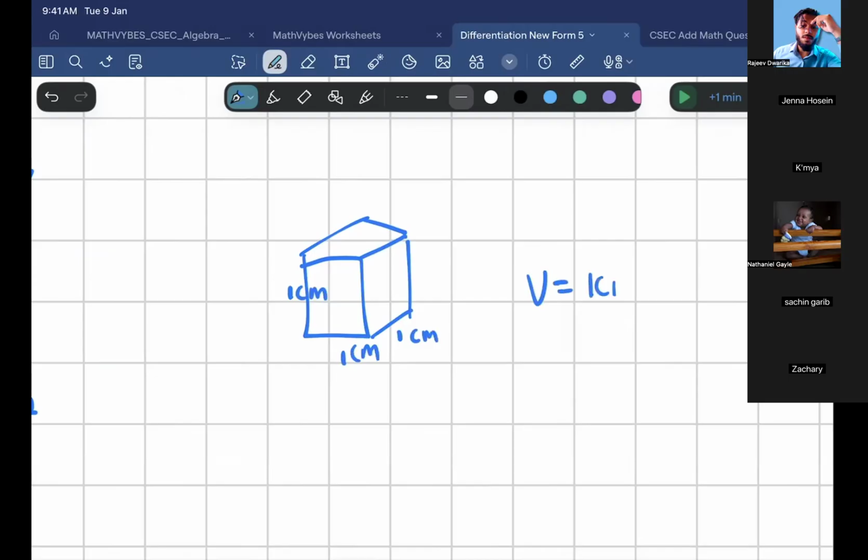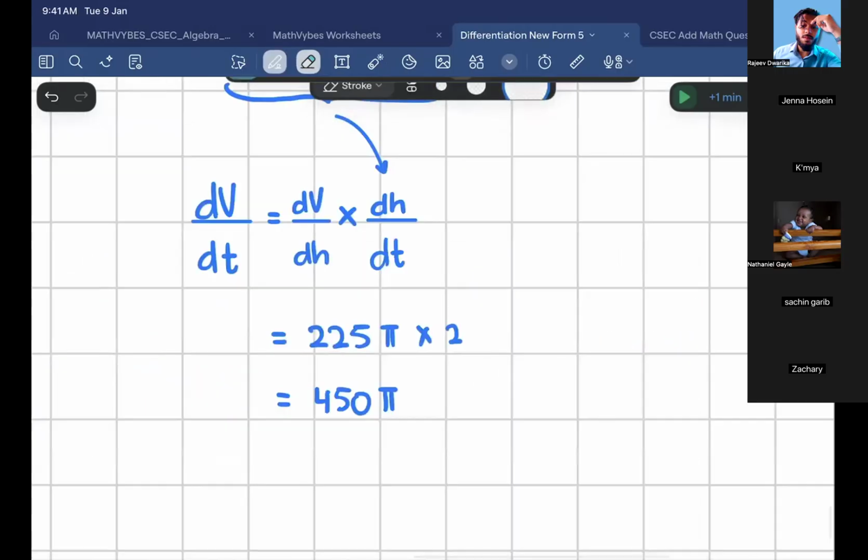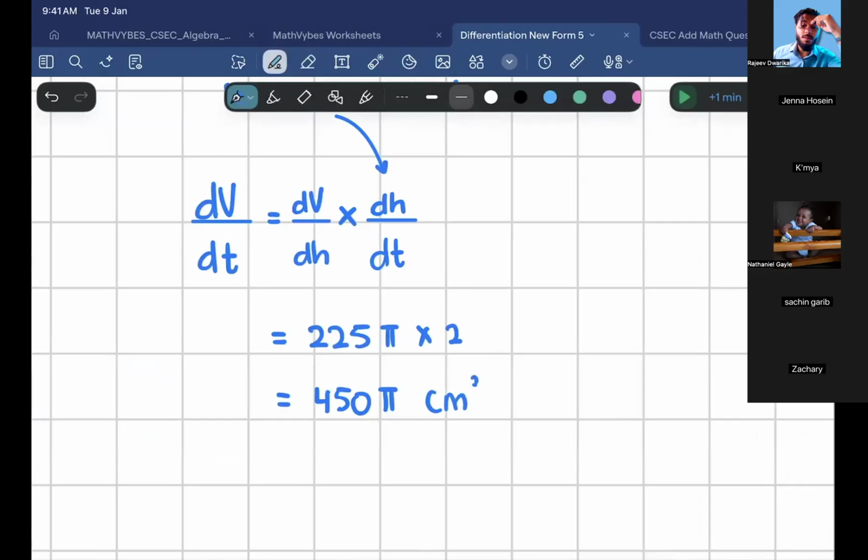Exactly, 1 centimeter by 1 centimeter by 1 centimeter, and you're done with 1 centimeter cube. So if it's volume, then the unit is centimeter cube. So my units are going to be centimeter cube per what? It's with respect to time, so that's going to be per what? Per second. Exactly, because in the question, that's what we measured time with respect to.